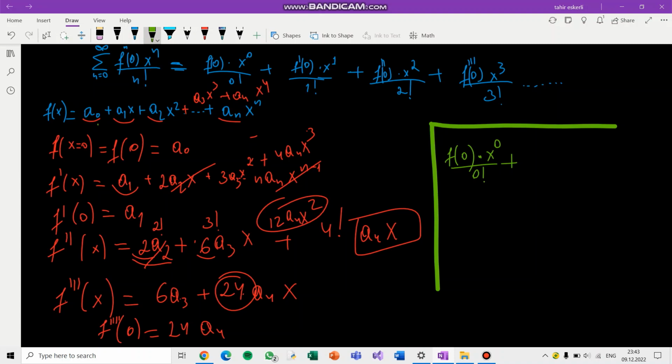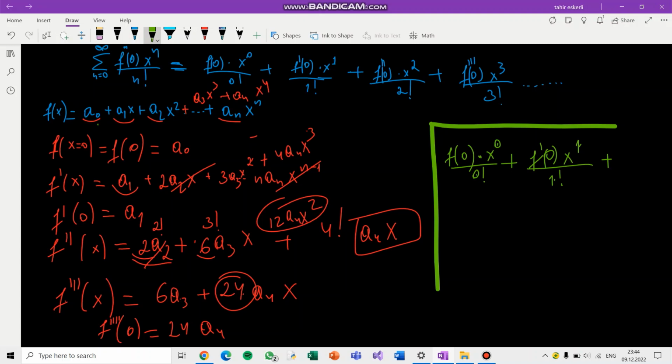For the second term, we should write a1. What is a1? a1 is f derivative 0, x to the power 1, as you see here. We have the x coefficient, the x variable has the power of 1, and it will be divided by 1 factorial. You see that here it is 0, it should be 0, 1, it should be 1. And for the third term, how can we find it?